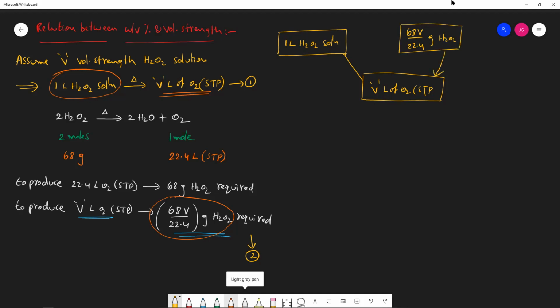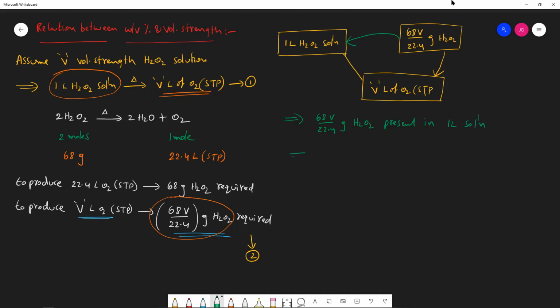So from this, what I can conclude is this is the mass of H2O2 that would be present in 1 liter of H2O2 solution. So that implies 68 V by 22.4 grams of H2O2 present in 1 liter solution.